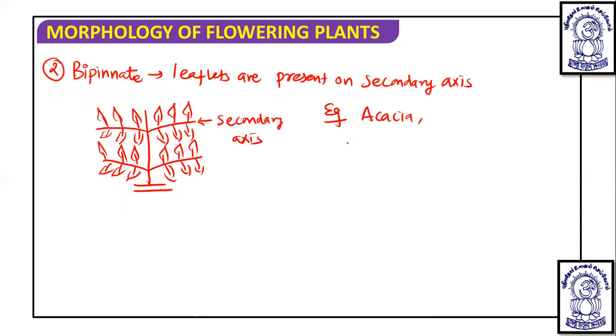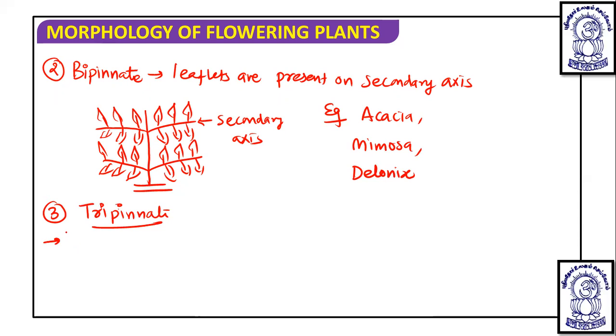If we talk about examples of the bipinnate, then they are the acacia, that is Australian acacia, Mimosa pudica, and Neltonix. The third type is tripinnate, and tripinnately compound leaves are the leaves in which the leaflets are present on the tertiary axis.